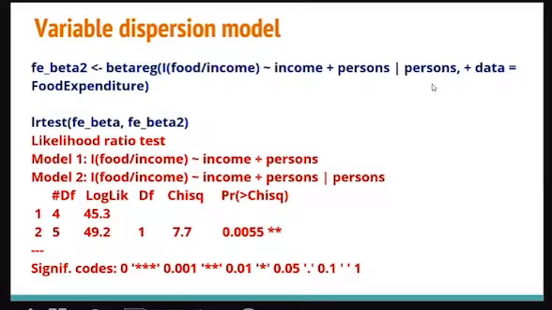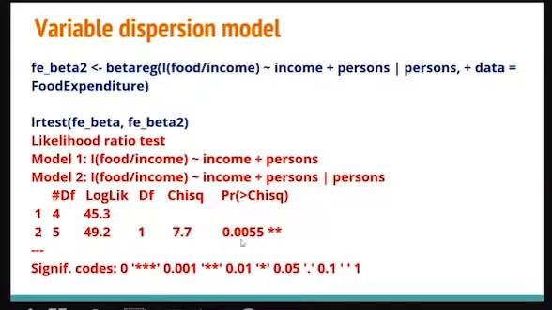If you look at the likelihood ratio test that I'm conducting, the first model is when I just fit beta regression, where I did not incorporate a vertical bar, where I'm actually assuming equal expansion, right? But the second model is when I incorporate the vertical bar persons this time around.